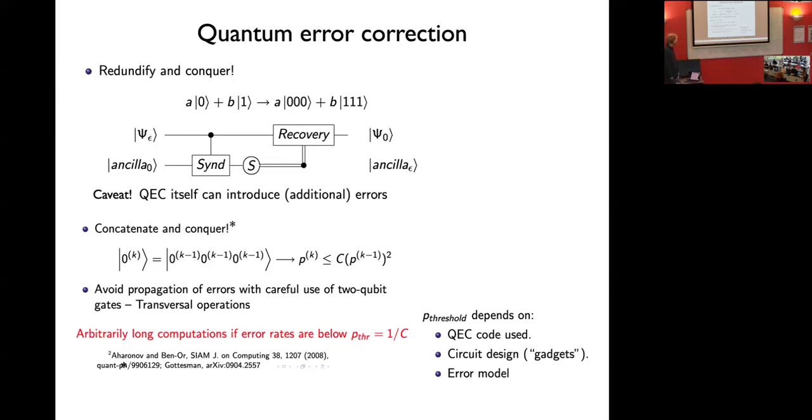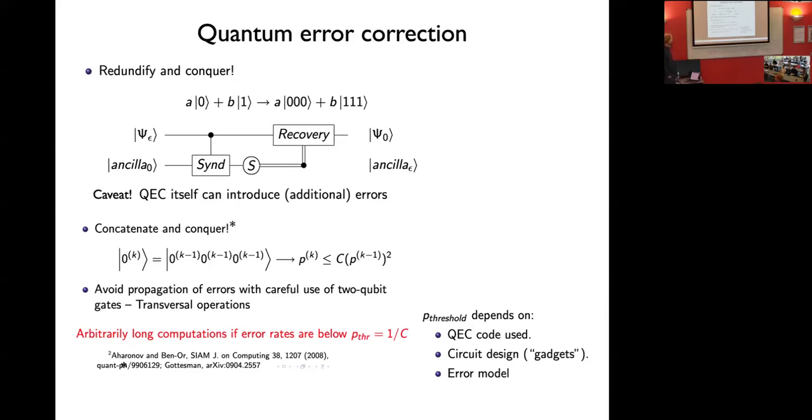And actually, quantum error correction doesn't actually require measurement. You can do measurement-free quantum error correction using coherent feedback. So measurement is not a requirement, but you do need to have lots of fresh ancilla.